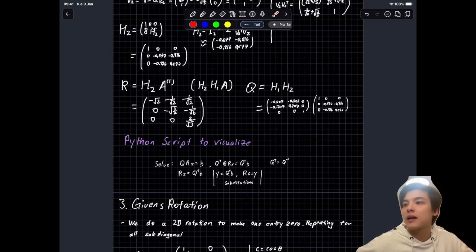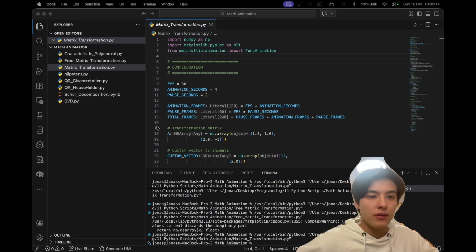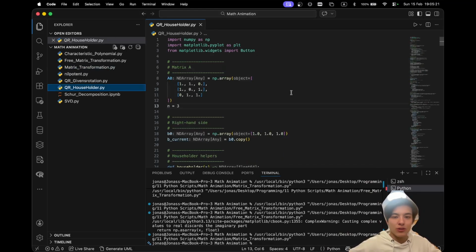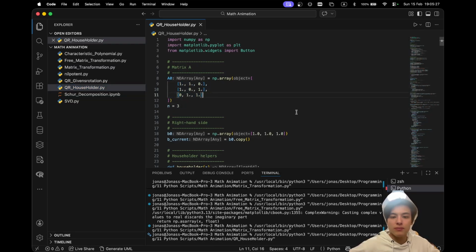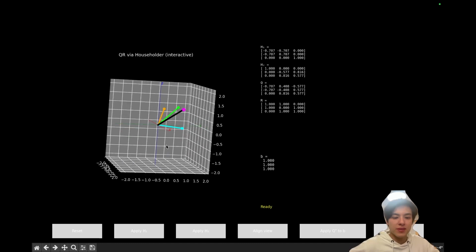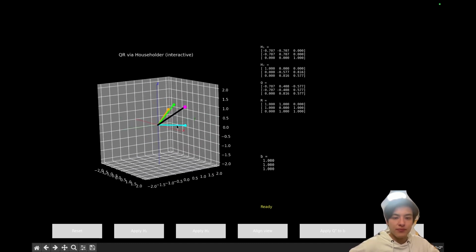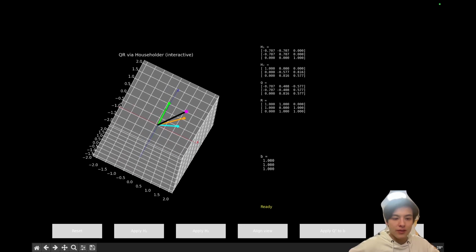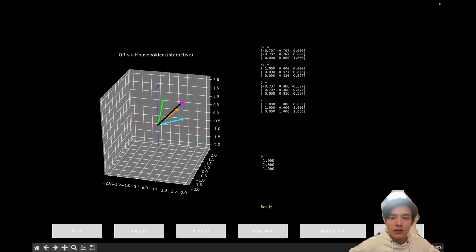Let me switch back. Actually, this one's smaller. Where is it? Householder. So here we have the same matrix, 1, 1, 0. I need to remember again what was what.